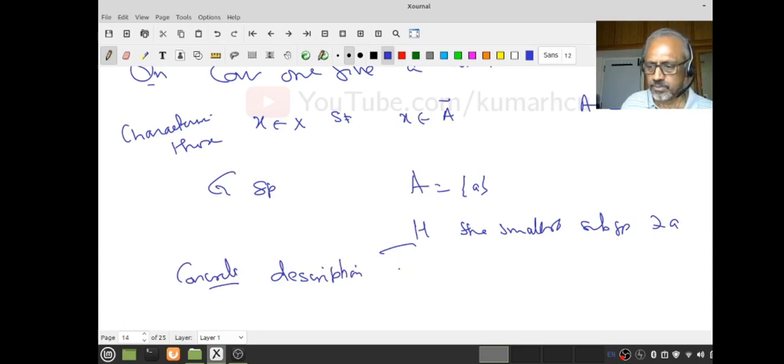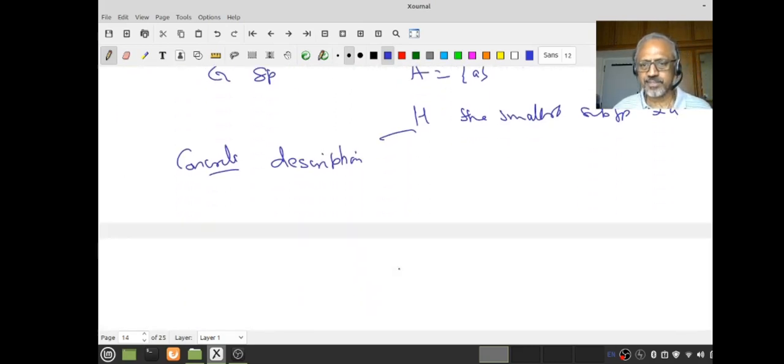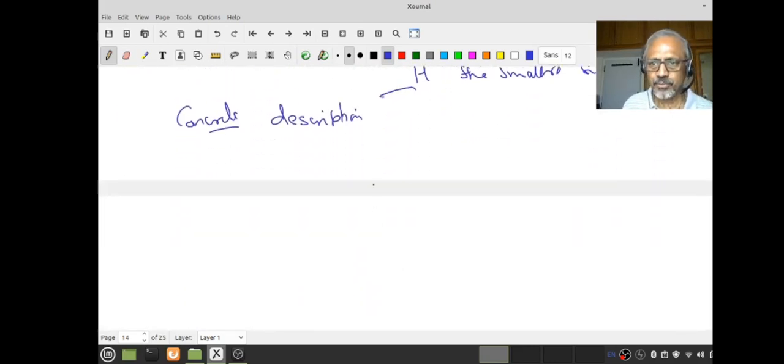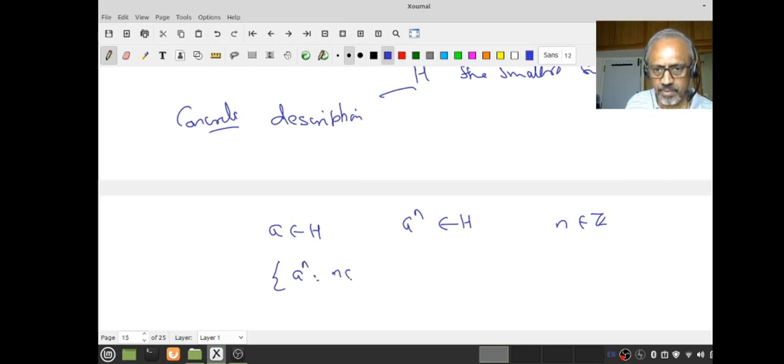Usually the teacher defines the subgroup, but I won't. Now I know A belongs to H. Since H is a subgroup, A power n must be in H for every n in Z. Therefore this set, A power n where n varies over Z, is contained in H.